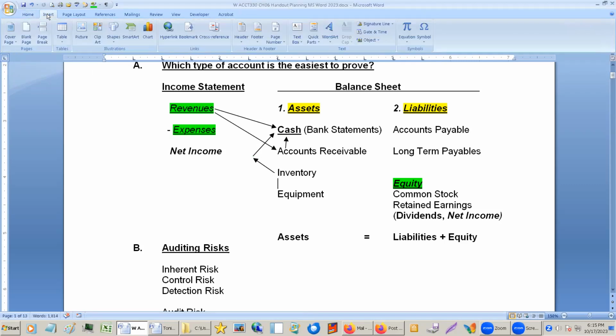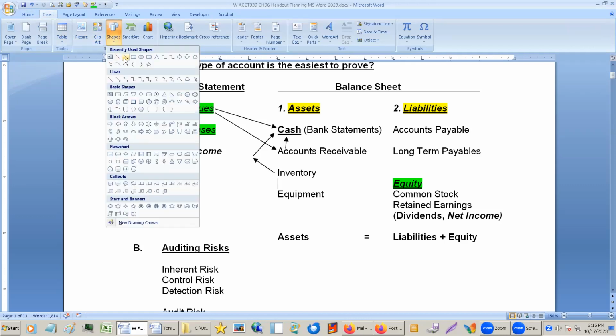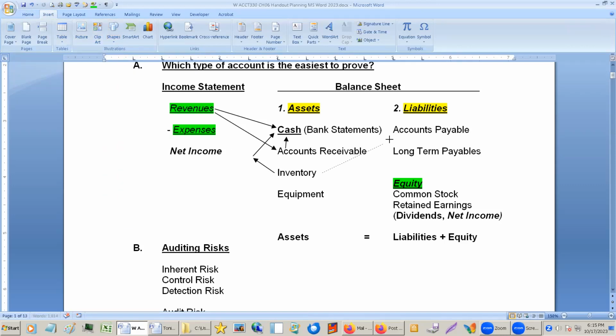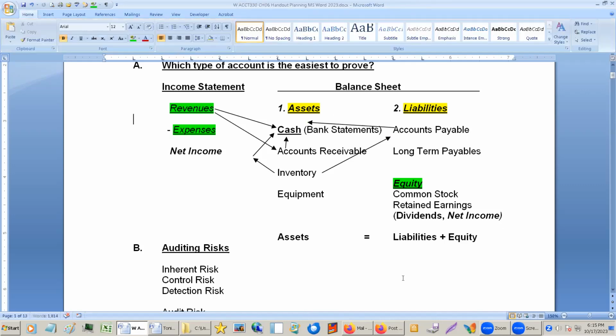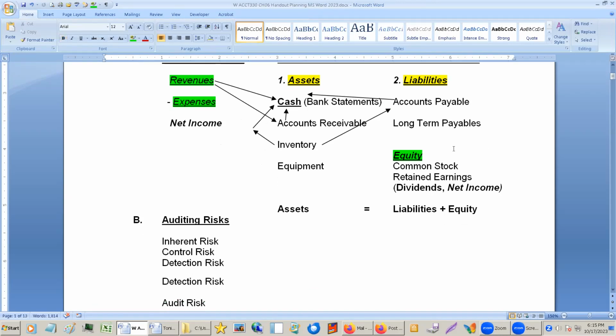What if I buy it on credit? Okay, it goes to accounts payable. Accounts payable then goes to cash. You pay it off. And you get the idea. Equipment, same thing. You bought it on credit, it's going to go through cash. All these payables eventually go through cash.